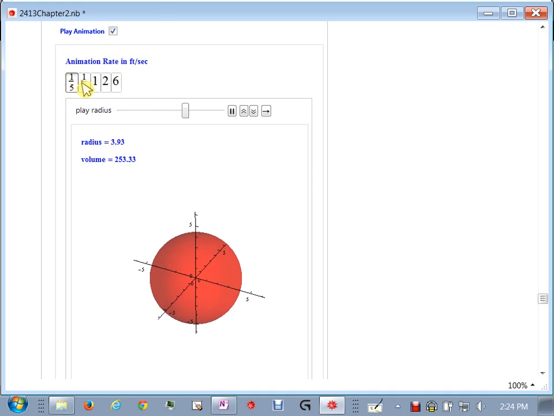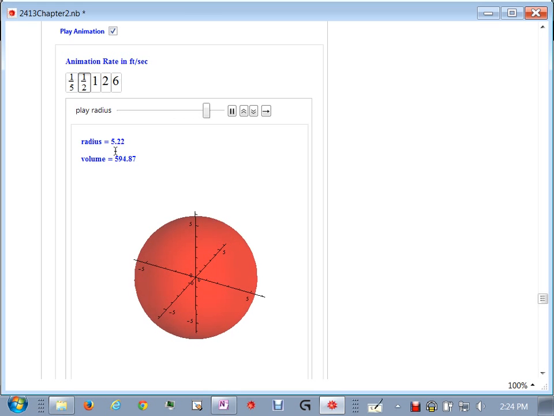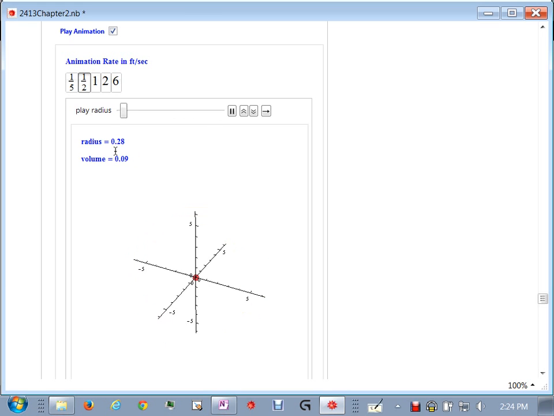Well, start this over. Let me count the radius. 1, 2, 3, 4. So the radius is constant, right? 5, 6. But look at the volume. It's just taken off, right?